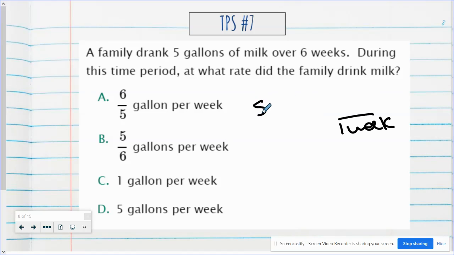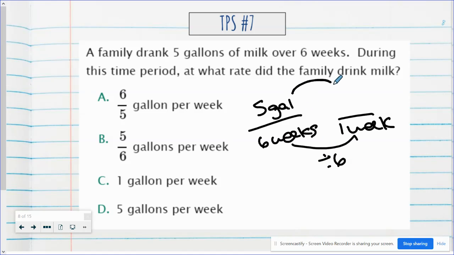I know that I drank 5 gallons in 6 weeks. And I want to go from 6 weeks to 1 week. So we're going to divide by 6. That also means, and I know that this looks a little funny because it does, we're going to divide 5 gallons by 6.